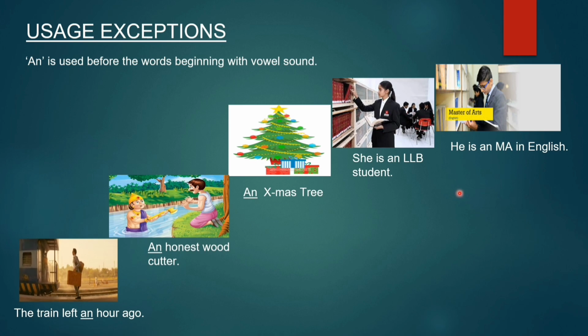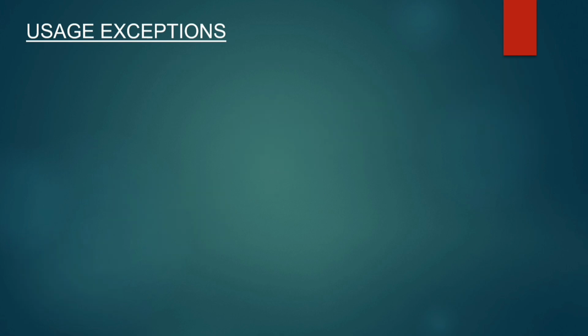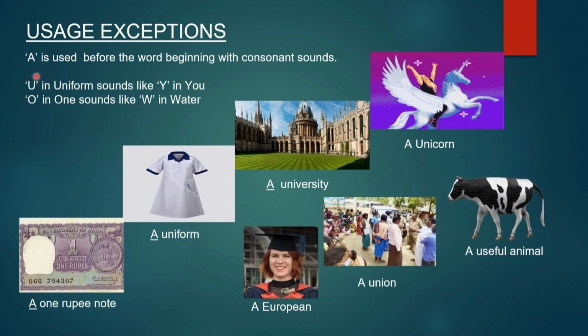Children, remember, despite spelling, if some words begin with a vowel sound, we use an, not a. Similarly, when the first letter of a word is a vowel but is pronounced with a consonant sound, as in the examples given here: a one rupee note, a uniform, a university, a unicorn, a European, a union, a useful animal.